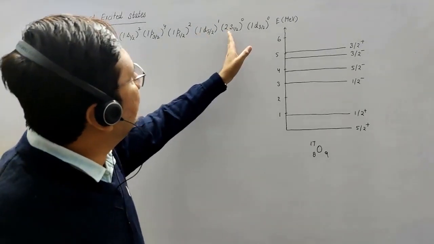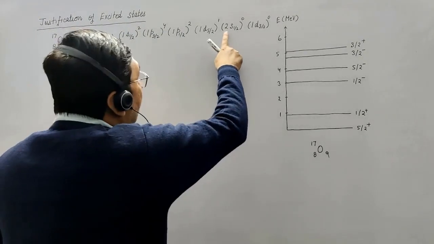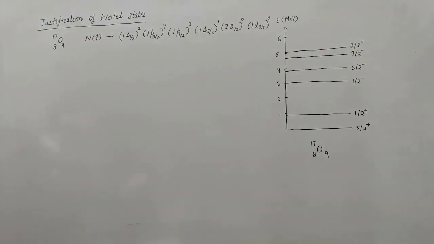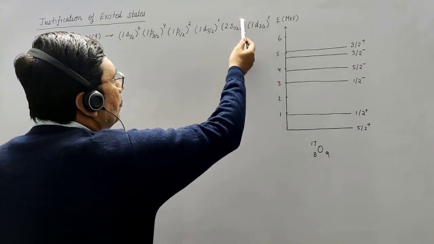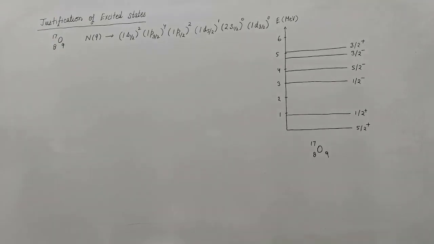I have also written the next two sublevels, 2s 1/2 and 1d 3/2. In general there is no neutron in these sublevels, so I have written 0 here. It means there is no neutron in these two subshells.